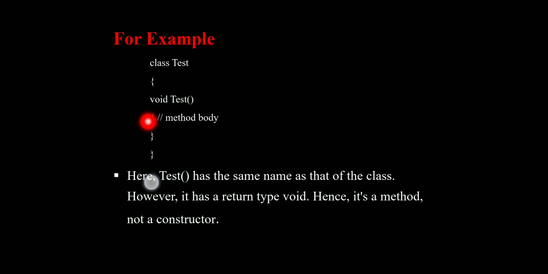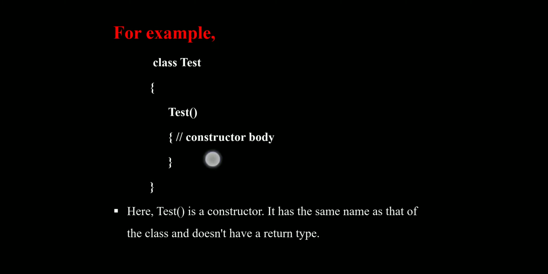Here Test has the same name as the class name. However, it has a return type, that is void. It is a method, not a constructor. Because it has a void return type, it is a method. In the previous example there is no return type because it is a constructor, and the constructor name and class name must be the same.